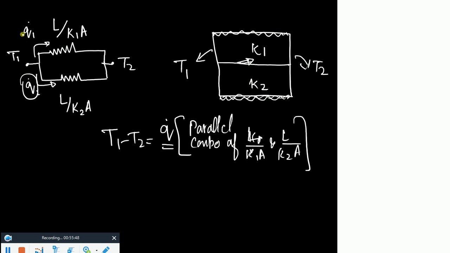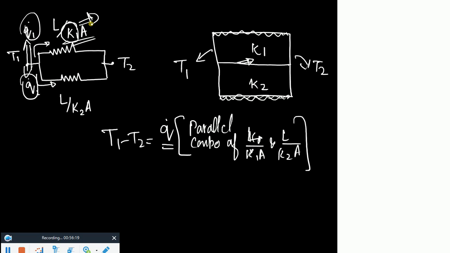The same applies to this Q1 dot. Where would you observe the greater Q1 going? With the lower thermal resistance. And it should have the greater K1. It means if thermal conductivity is more, you would have more heat transfer rate. Simple as that. All the things are connecting.